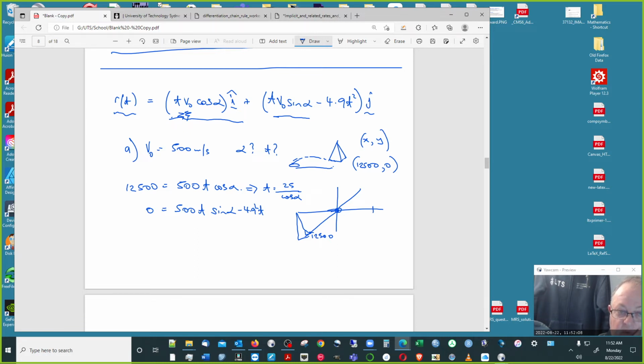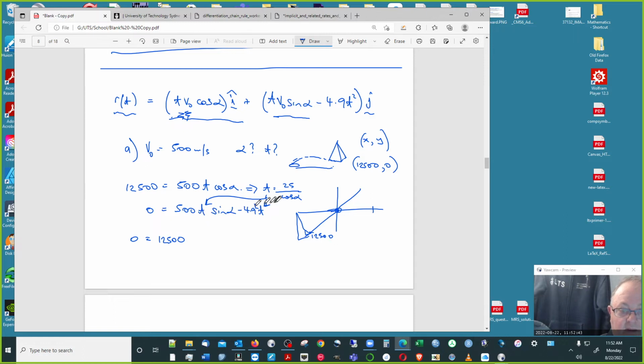Okay, now can we put t into that one? We substitute it into there and there. So we'll have 25 times 500. We're back to 12,500. 25 times 500 is 12,500. So that came back purely as coincidence.